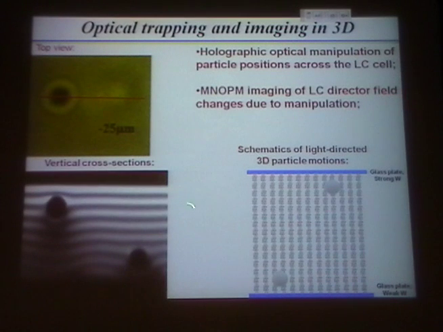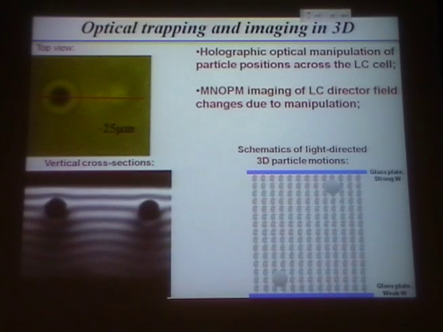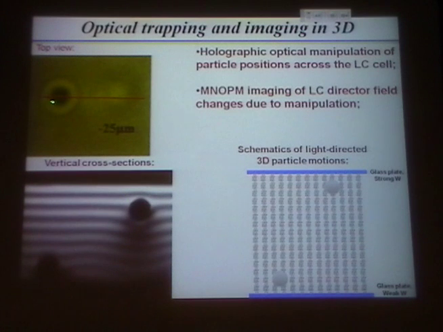What I depict here is that we can manipulate colloids and defects in liquid crystals and at the same time image them in 3D. In regular microscopy, one would have a hard time knowing what happens with those two particles by simply looking at them in a conventional microscope.